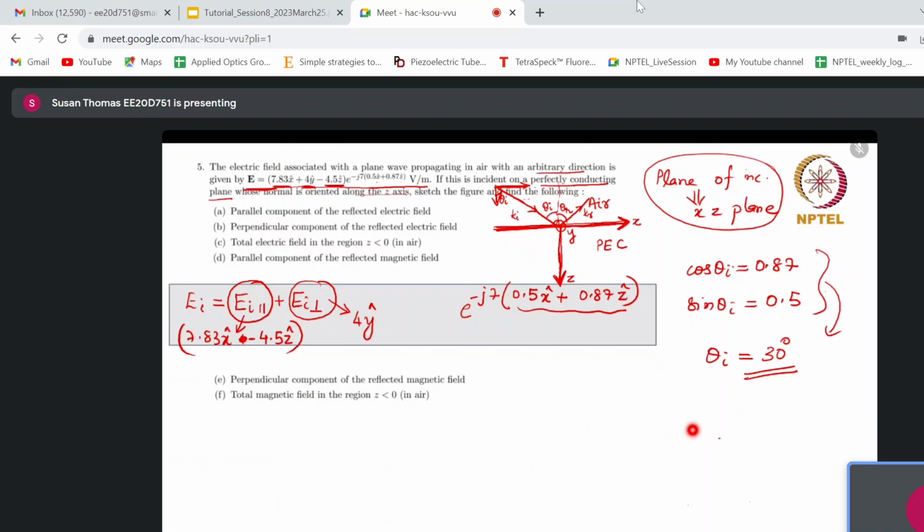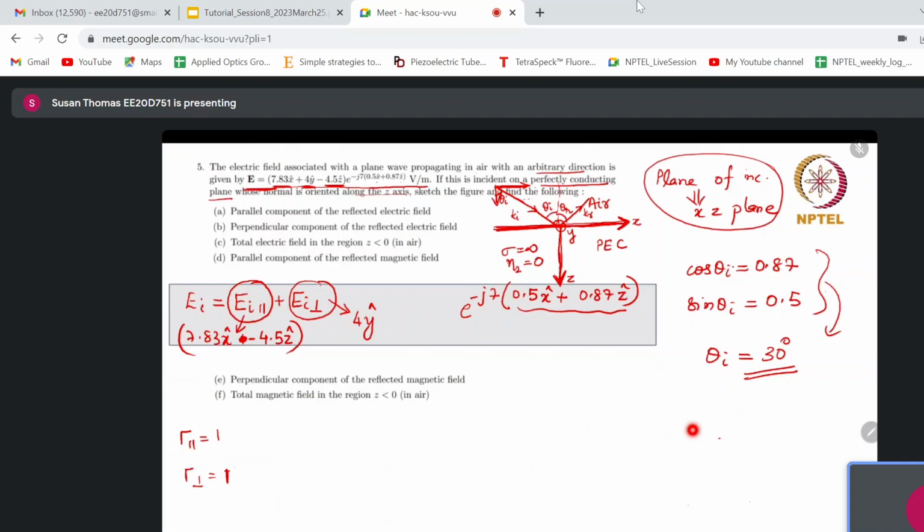Now moving on. At the interface, because we have a perfect conductor on the other side whose sigma is infinity, eta 2, the impedance of the second medium, is 0. Now what will happen? Gamma parallel, the parallel polarization reflection coefficient, is 1, and gamma perpendicular is also 1.